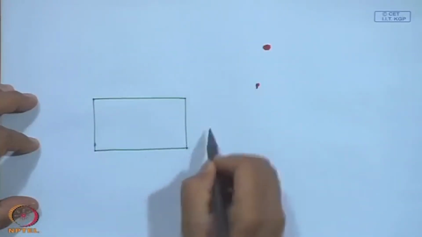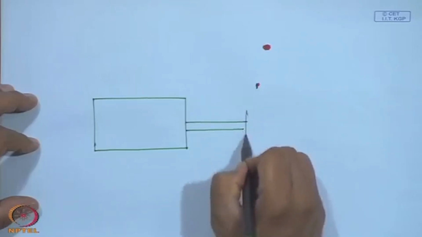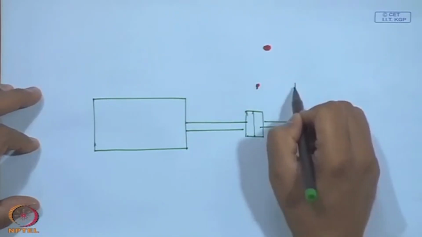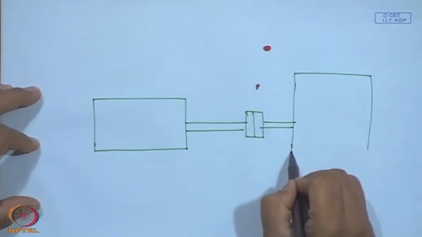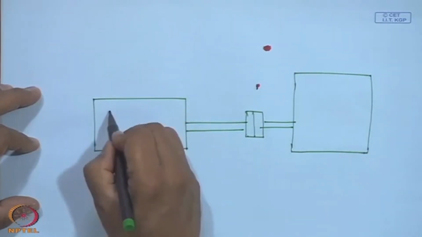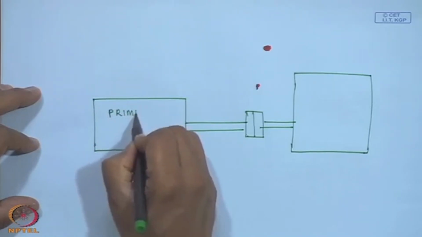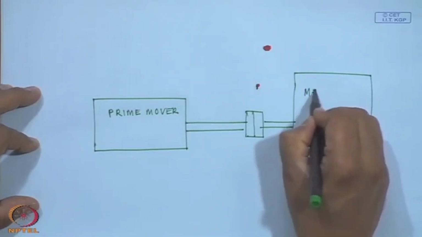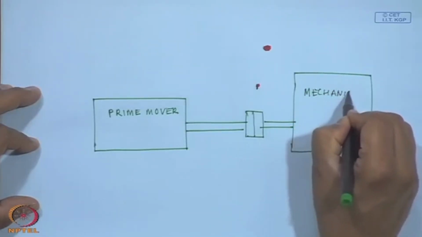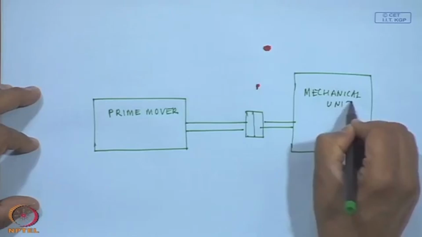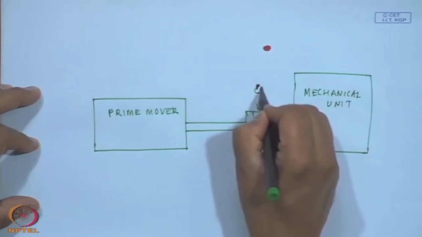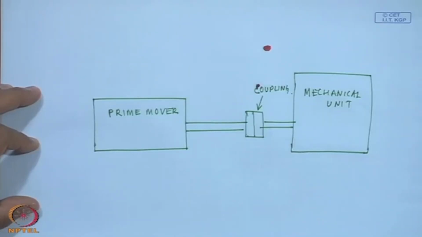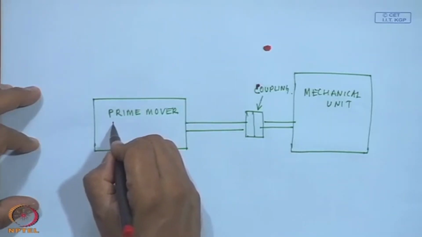this is how the configuration is. So, this is the prime mover, this is the mechanical unit, and this is usually a coupling. Okay. This prime mover could be an electric motor.